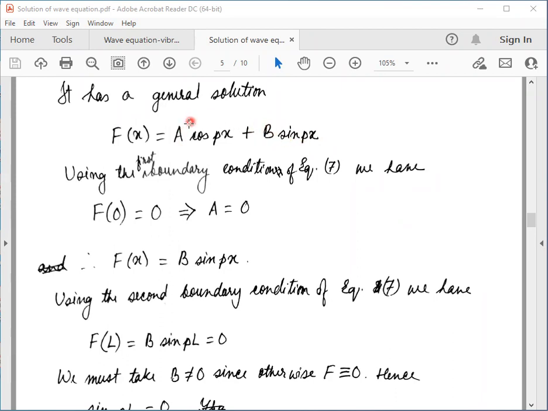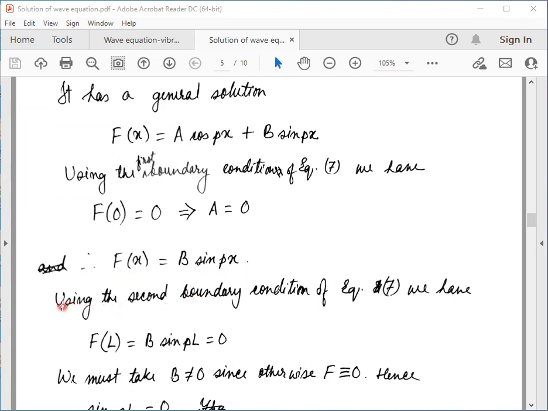Only the first term remains, and what remains is only a. So a is equal to 0. That means f of x is equal to b sine px.